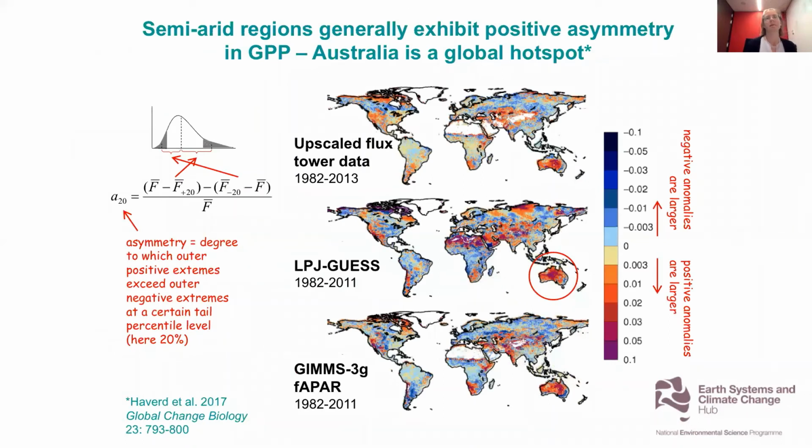Okay, so we studied this at the global scale in a bit of detail a couple of years back now, and quantified this so-called asymmetry in productivity, and found that Australia was actually indeed a global hotspot for this asymmetry in gross primary production.